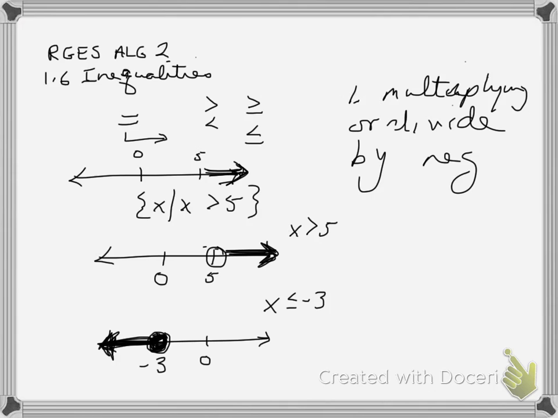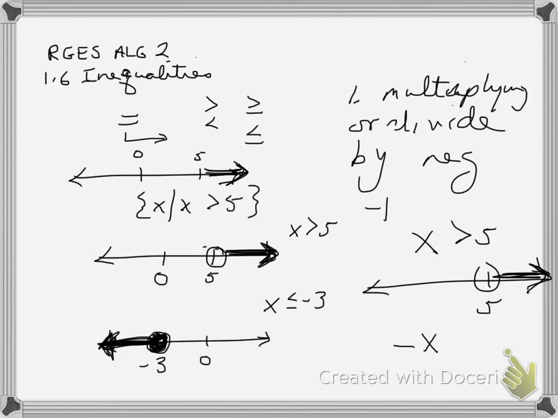If I have x is greater than 5. What if I multiplied this by a -1 on both sides? Well, let me indicate this a different way first. I'm sorry.